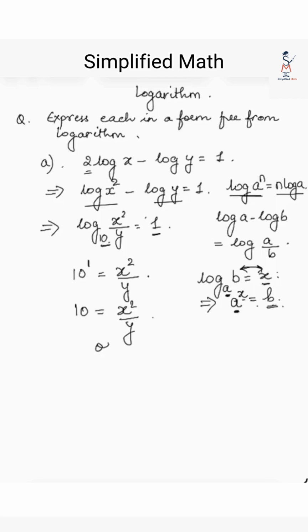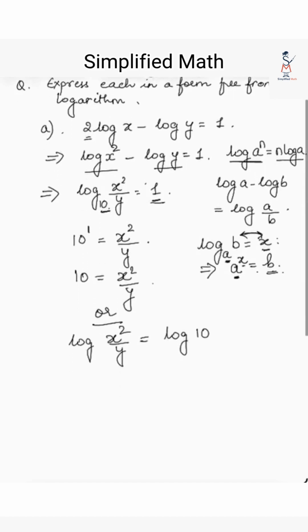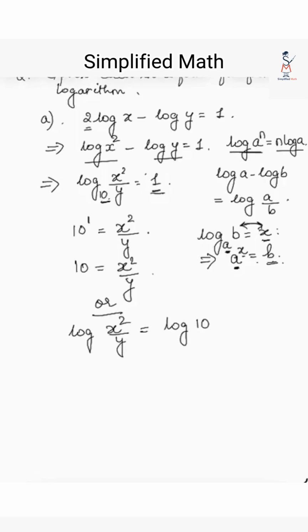Or from here, I'll show you the other way also. This is x square by y is equal to 1. That means 1 can be written as log 10 to the base 10. If there is no base, always remember the base is 10. So this is x square by y is equal to 10, because the log and log will vanish.